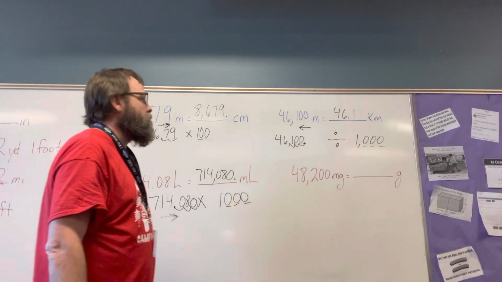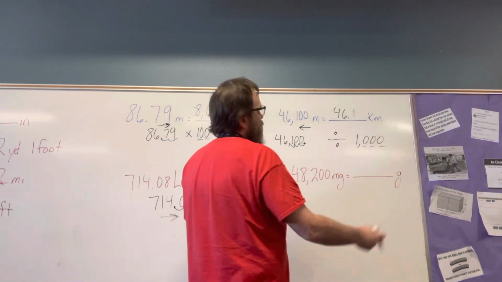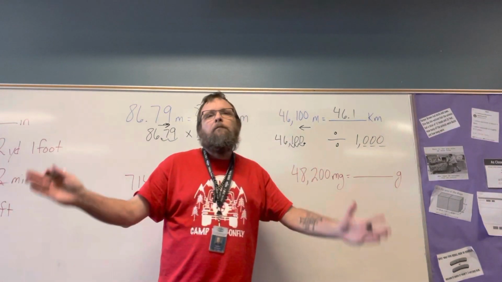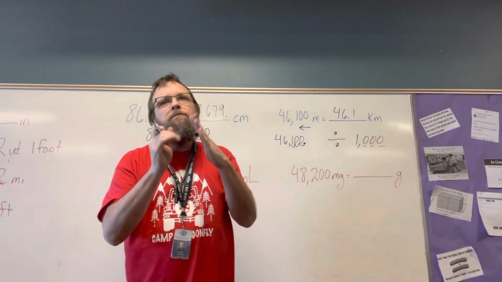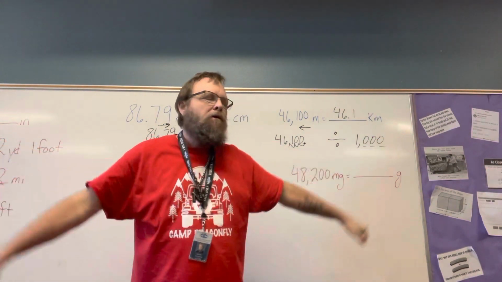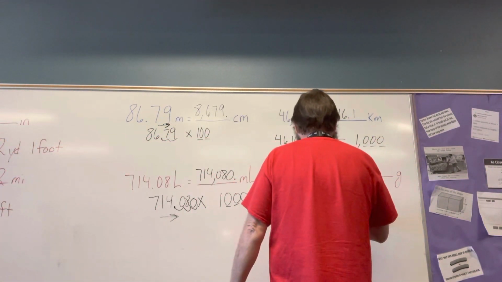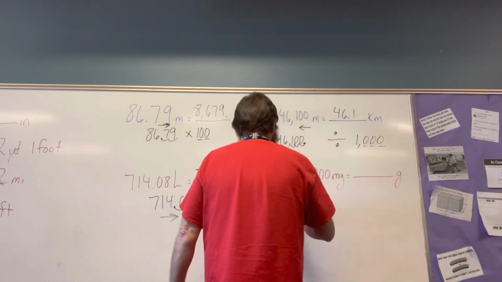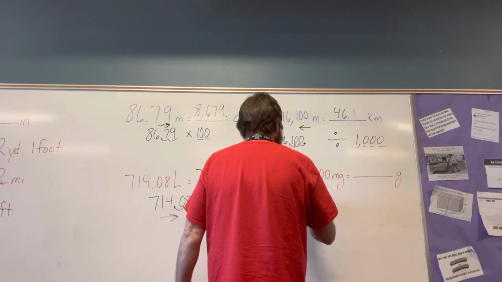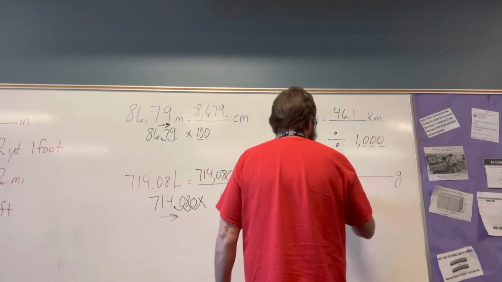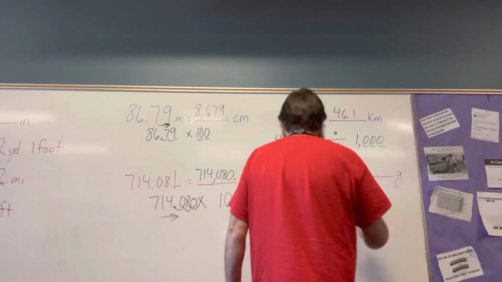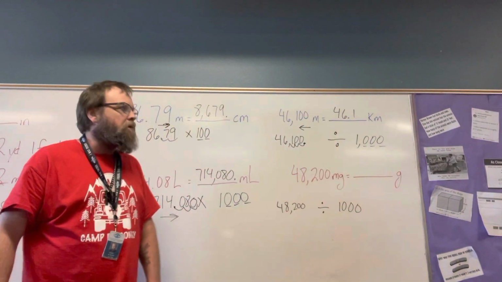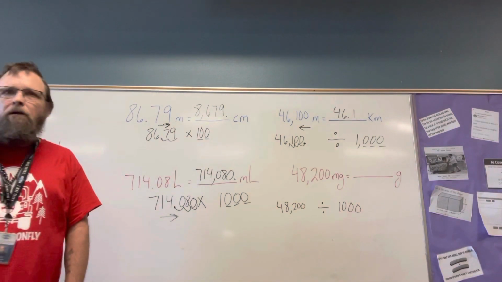48,200 milligrams equals blank grams. I'm going from milligrams to grams, which means I divide. I'm going to divide 48,200 by 1,000 because there are 1,000 milligrams in a gram.